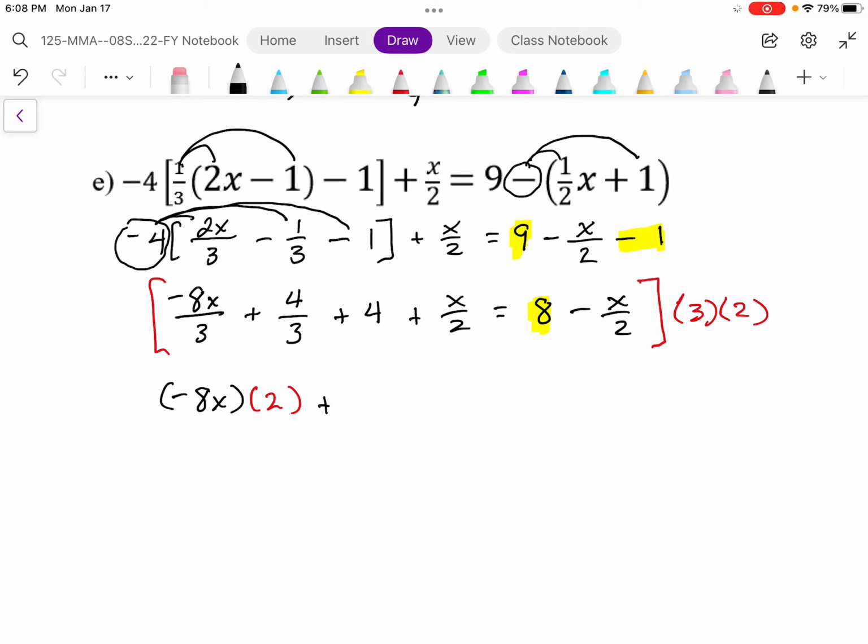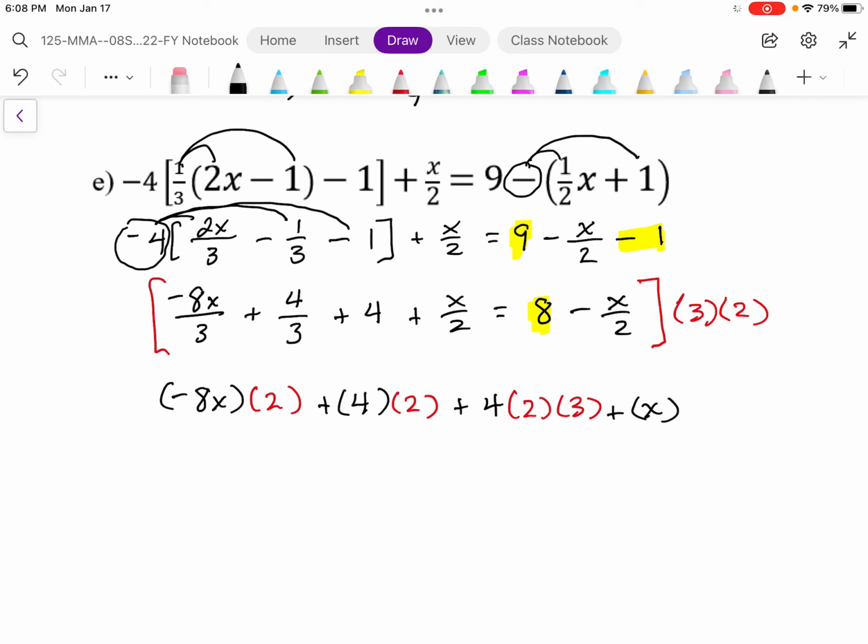Plus, the times 3 divide 3 cancel out again, so I'm going to be left with, again, a multiply by 2. The plus 4, nothing cancels out, so I end up with 4. And since nothing cancels, I'm going to multiply by both 2 and 3. The times 2 cancel, so I'm left with x.